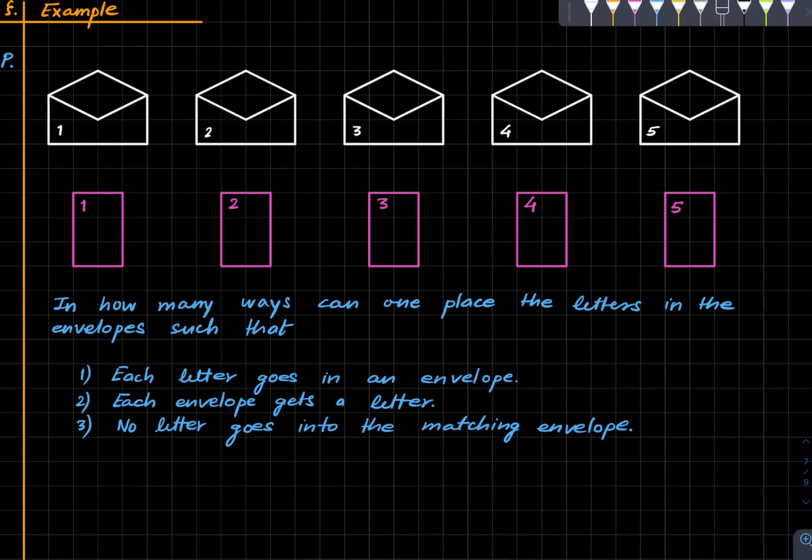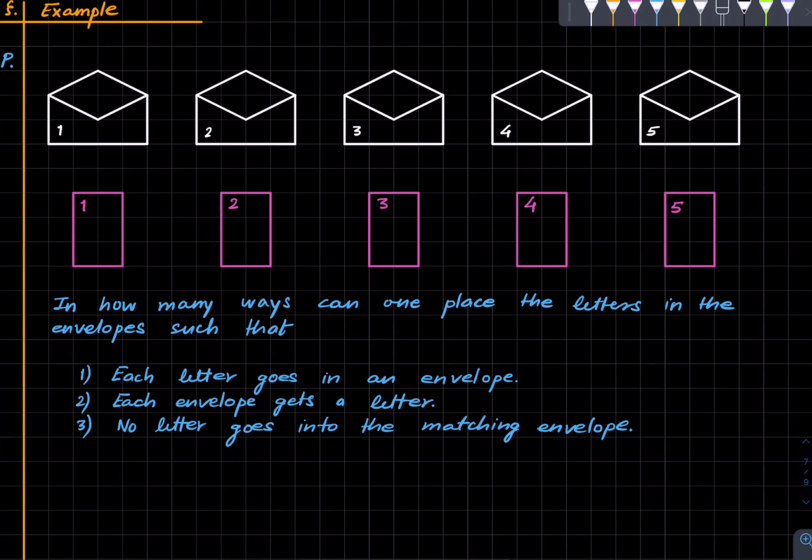And I'm sure you know that if we were tasked with placing these letters inside these envelopes in a manner that one letter goes only in one envelope, so no envelope contains more than one letter, and every letter reaches at least one envelope, so it's a 1-to-1 correspondence, then how many ways are there? Disregarding the numbers, there are 5 factorial ways, because there are 5 positions that you have to deal with and 5 objects that you want to arrange in a sequence.